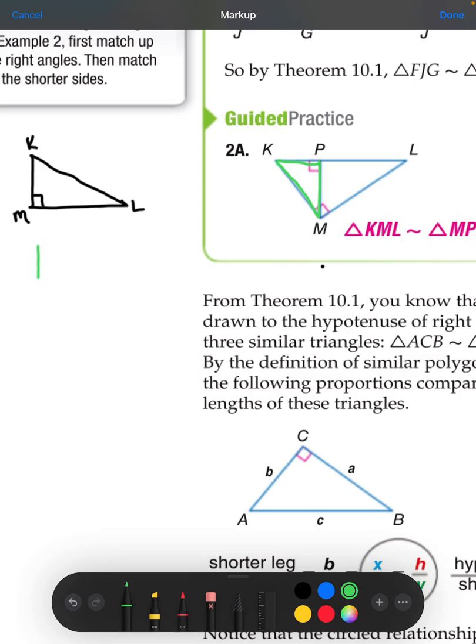So that one I'm going to situate in the same orientation as I did the other one, with the right angle on the bottom left. Now if I did that, you know in that green one that's a P, okay? And so we can also tell by looking at it that K would need to be the larger of the two angles. Okay, so we've got that K here and then M here.